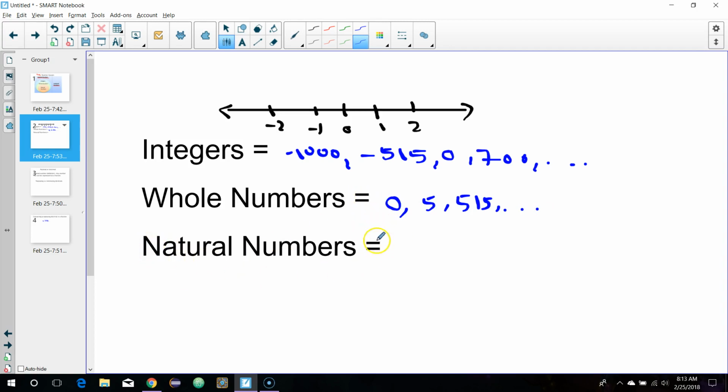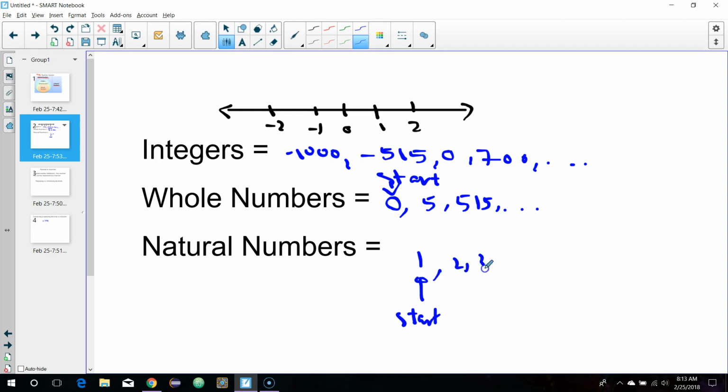Natural number. Let me put this, it starts over here. That's where it starts. I'm still doing this on my laptop, and apparently this mouse is pretty bad at waiting. Whole number starts at 0. Natural number is even better, it starts here.